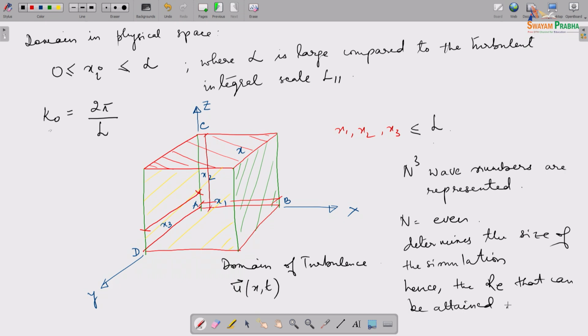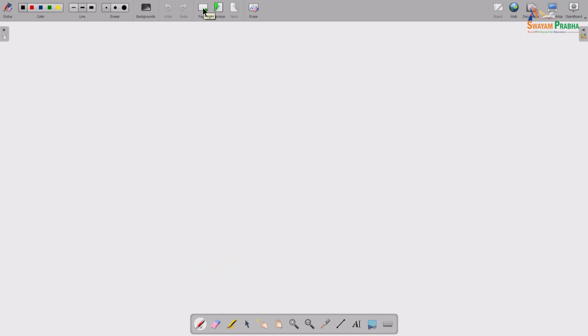Okay, so now let's learn a little bit more about that. So typically, N is rich in powers of 2, for example, 128, 198, etc. Right?